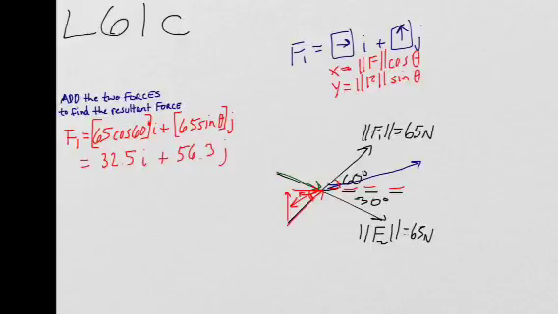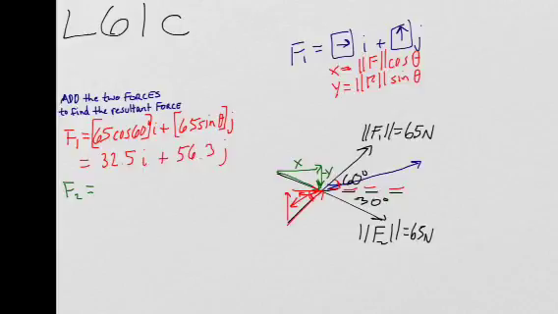I'm going to add that to my second force. Well, let's figure out what the second force is. We did that in green. F2 is different because it has a horizontal, right, there's the x value. And then it has a vertical, but that one's going down, so it's going to be negative. There's a couple of different ways we can think about that.